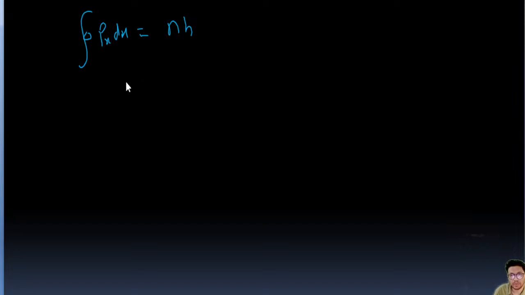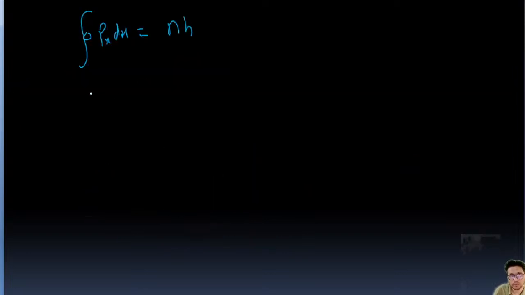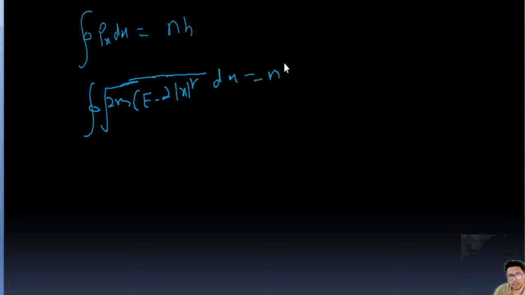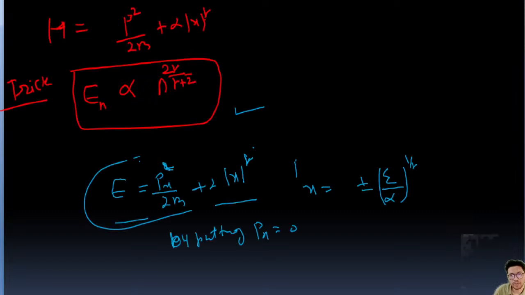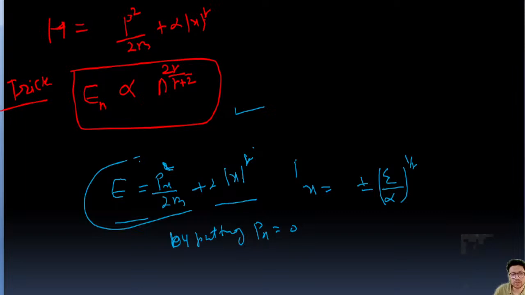So from here we'll find the value of p_x from this equation, and put this value here. So the integration of p_x, whose value is root of 2m into E minus alpha x to the power r, dx equals nh, okay.